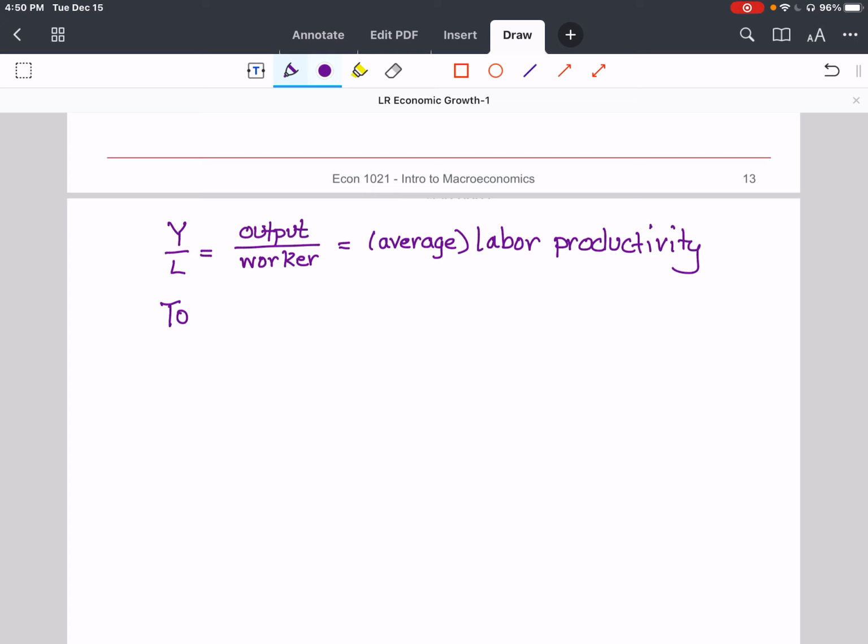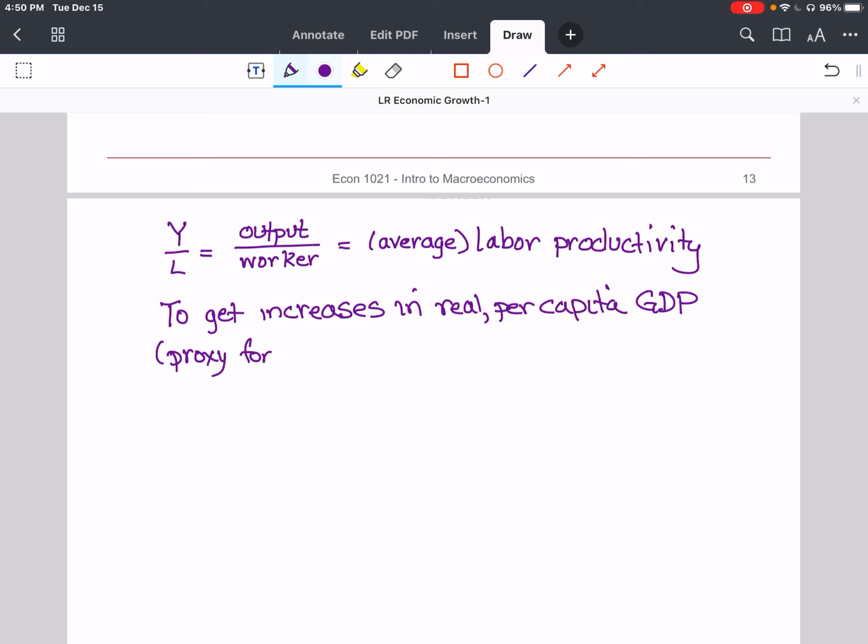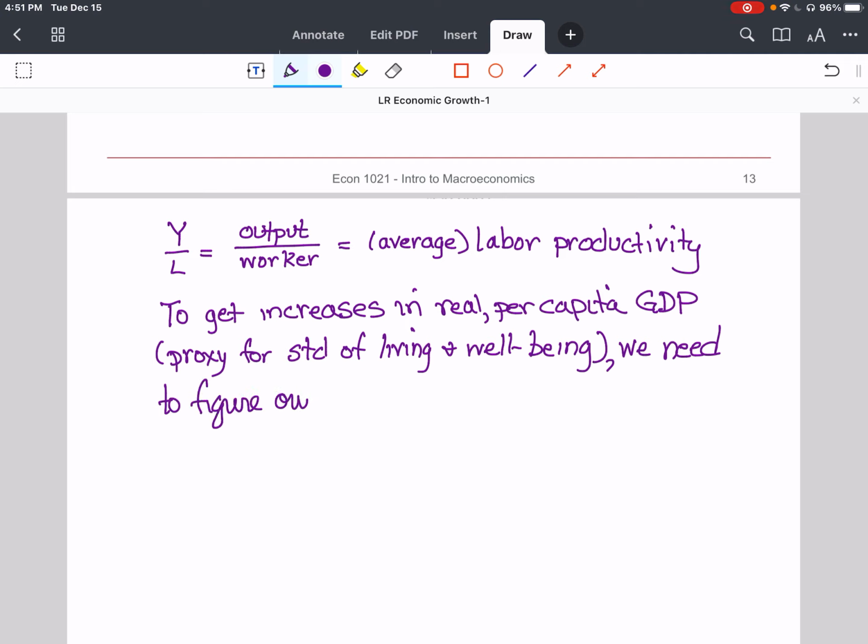So to get increases in real per capita GDP, which is a proxy for standard of living and well-being, we need to figure out how to increase labor productivity.